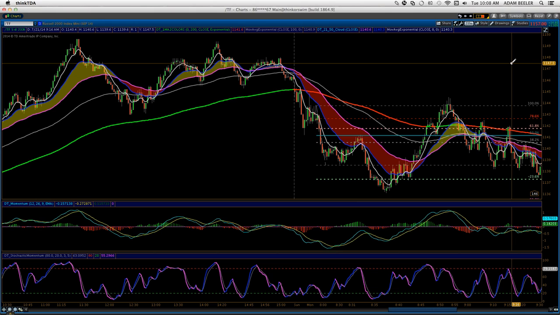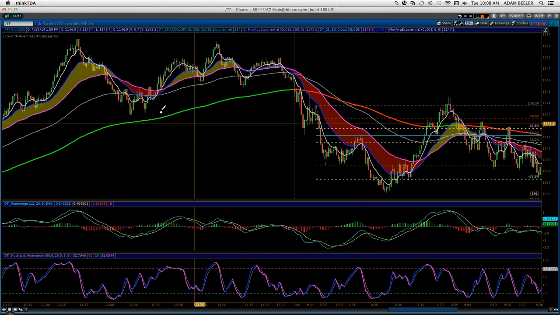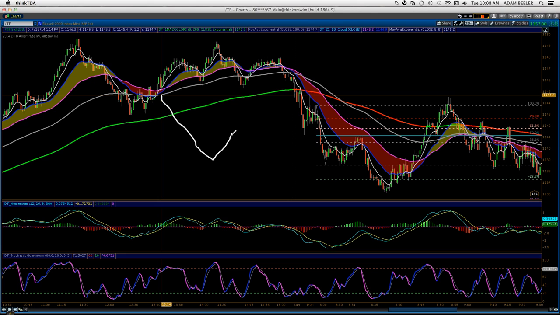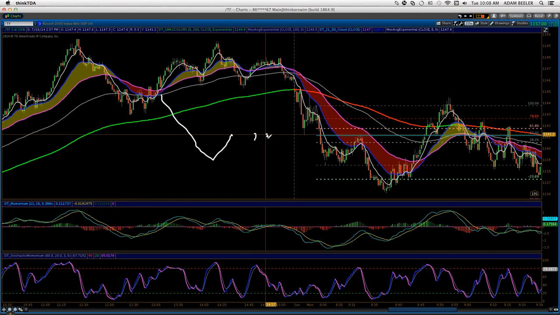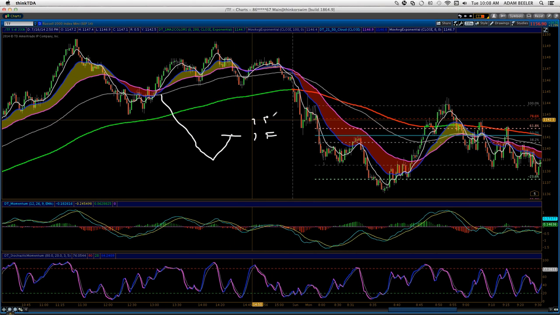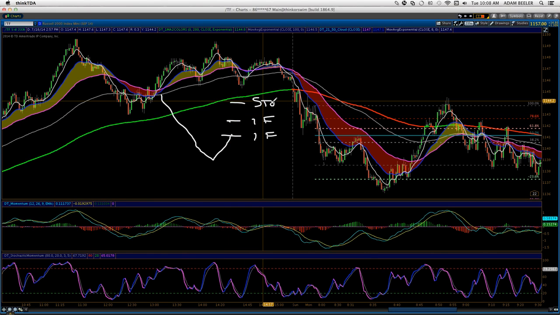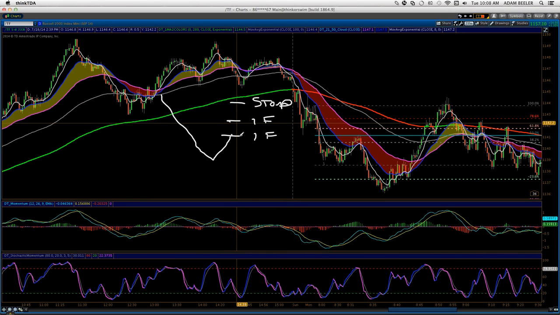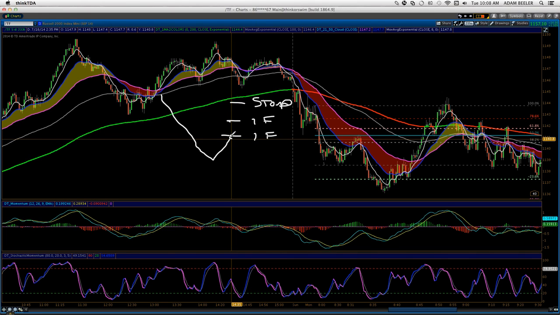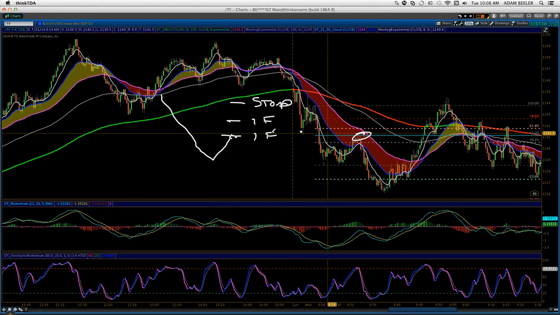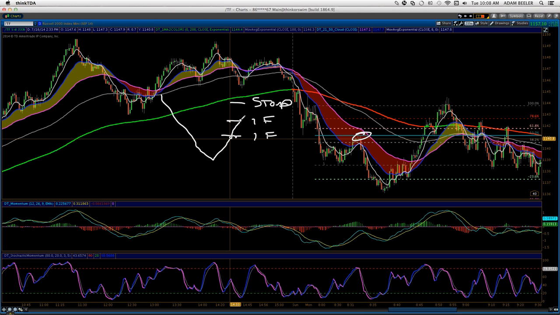Now, the second situation here is, say this thing pushes down, pulls back. We have one fill here, and we have another fill here, and we have a stop up here. Okay, so say the market comes on down, it doesn't turn here at the first one, kind of like this one did. It goes up and it gets the next order filled. So on this situation here, our dollar cost is going to move up here. So this is our break-even point.